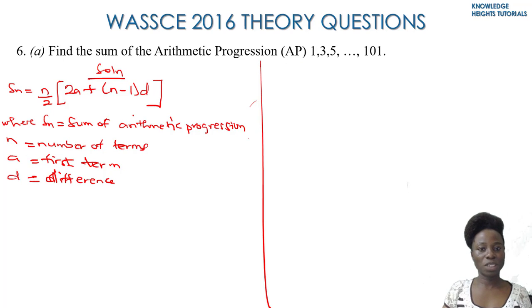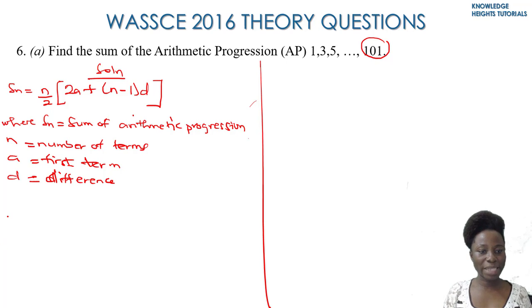And then the number of terms, we do not know the number of terms in the progression. But then the first term is what? 1. So to find the number of terms, let's use a formula which gives us the number of terms in the case where you are given the last term. In this case the last term is 101, but we don't know the number of terms.